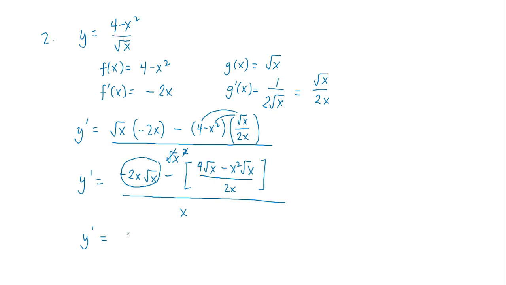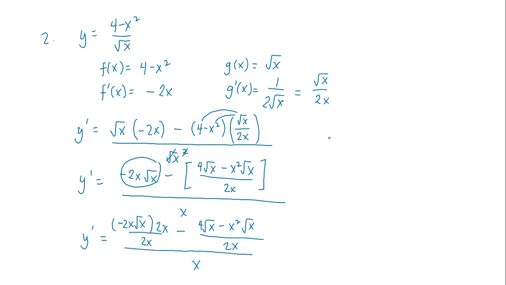Para magawa natin yun, kailangan mag-multiply tayo ng 2x sa taas at saka sa baba. Okay? Minus 4 square root of x minus x squared square root of x over 2x all over x.